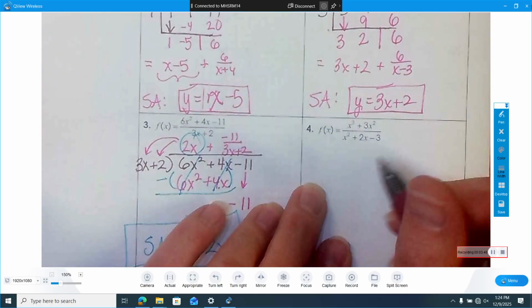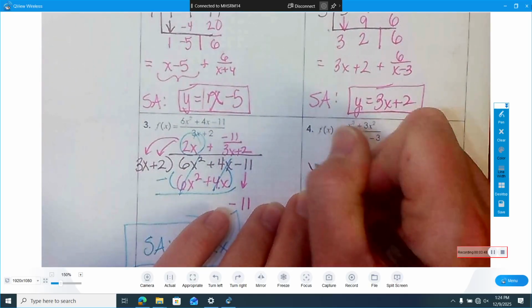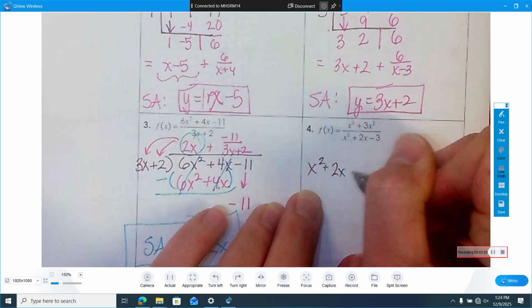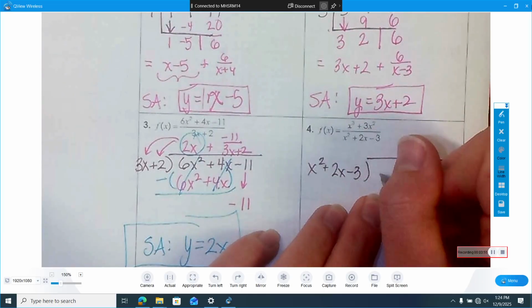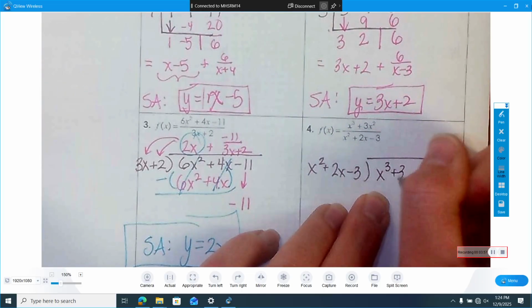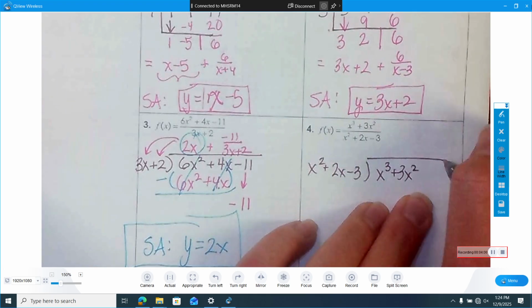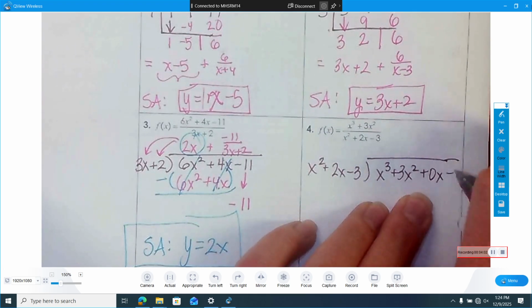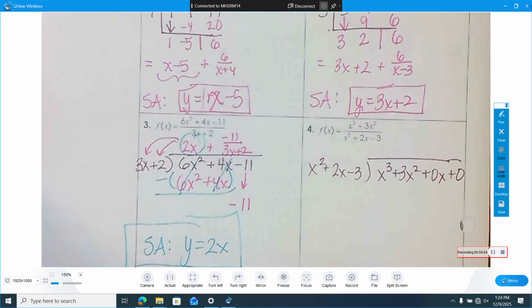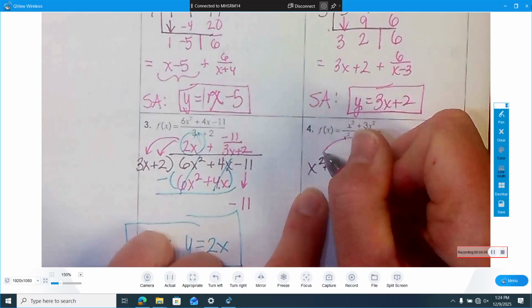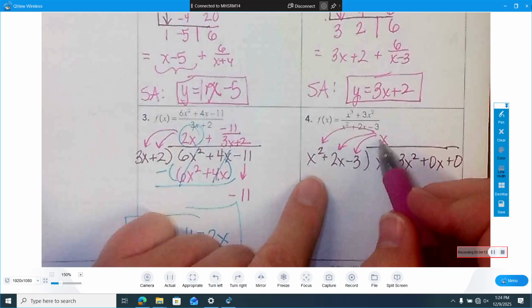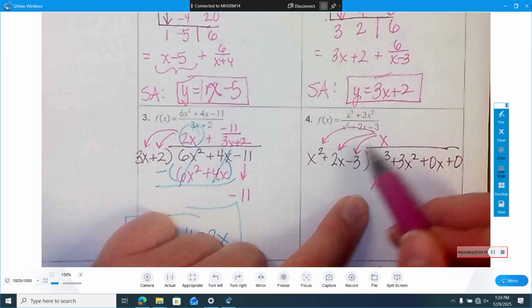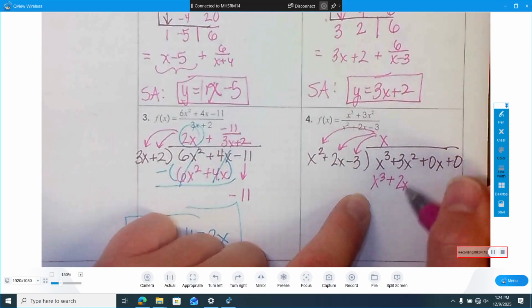All right. Number 4, same thing. I have to do some division because again, it's over the top. It's top heavy, heavier on top, higher degree. So I have x cubed plus 3x squared. What? I'm going to have to fill in some zeros. I think 0x plus 0. We'll see what happens. All right, so x on top, and then we have to distribute to all 3 terms there. X times x squared is x cubed. X times 2x is 2x squared.